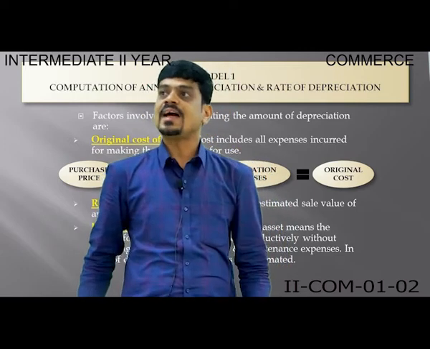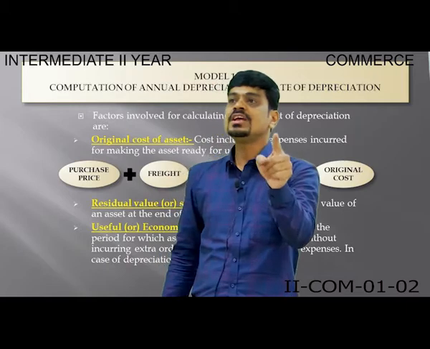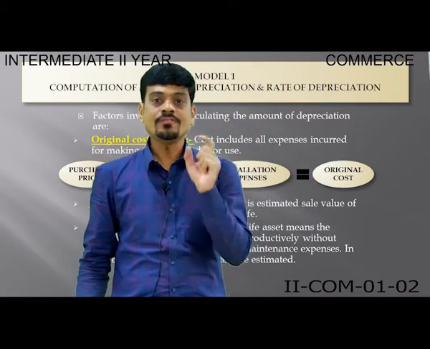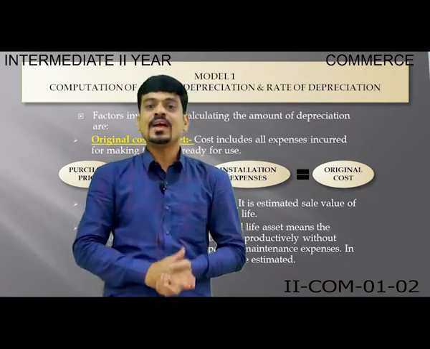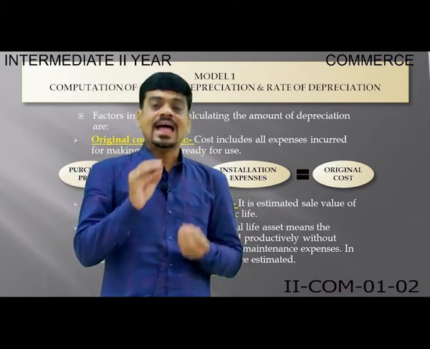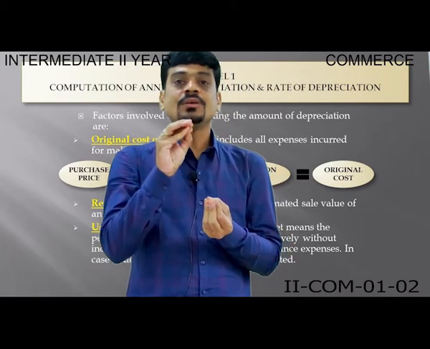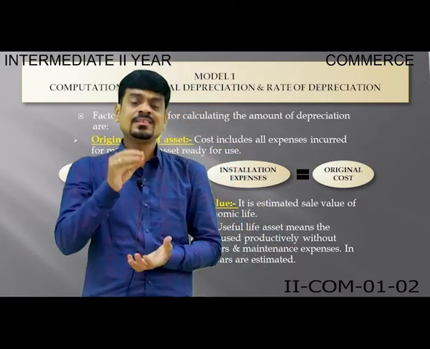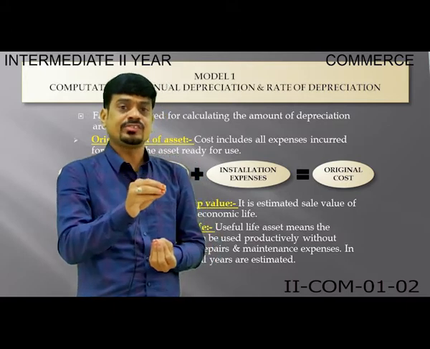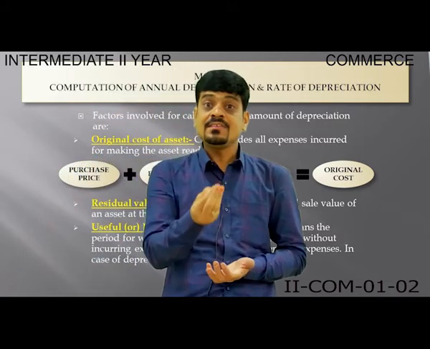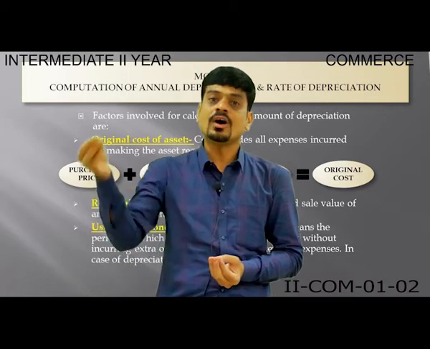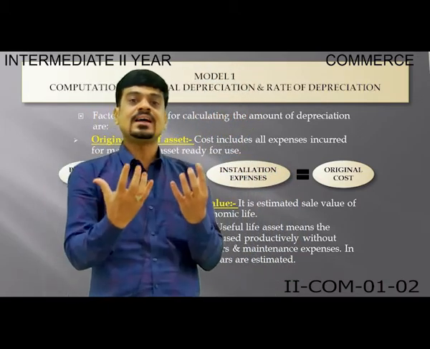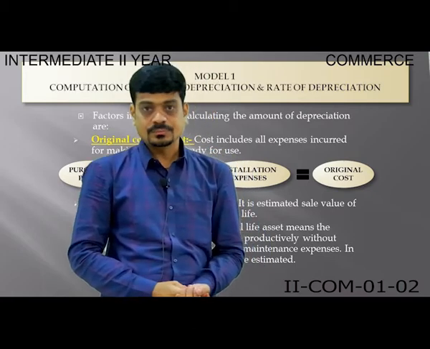The first factor is the original cost of the asset. Cost of asset means the actual value for which we purchased the asset. It doesn't mean only the cost that we have paid; it even includes the additional cost incurred to bring the asset or make it ready for use.